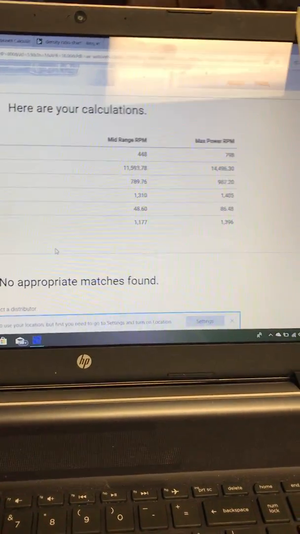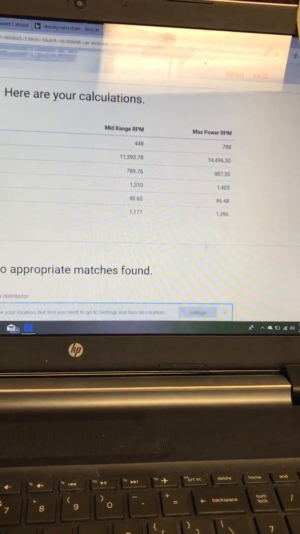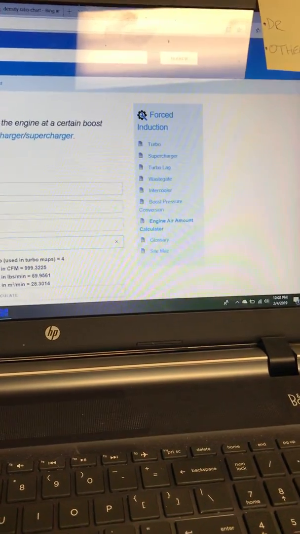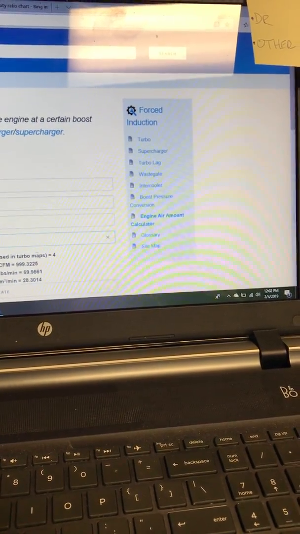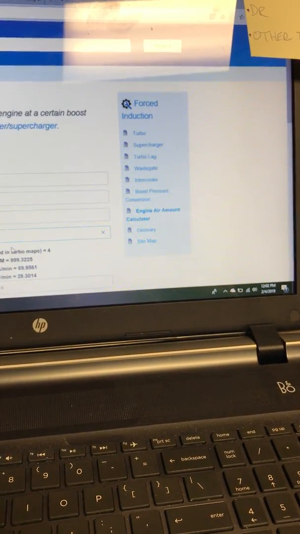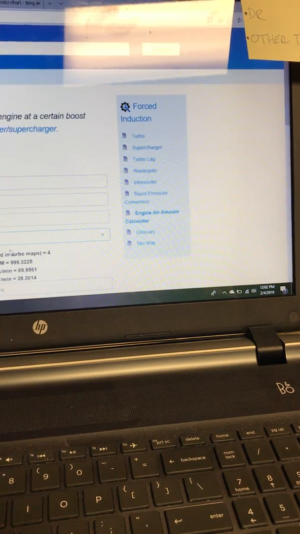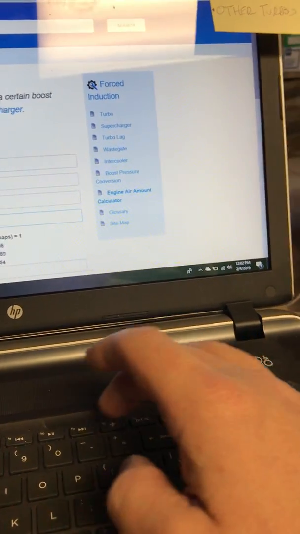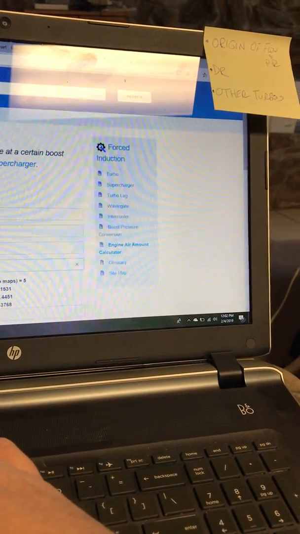So anyway, Garrett says you need, now if you remember before from our engine air amount, it said that we only needed, let's see, a 3-to-1 ratio. Actually, that's too low. We need 4-to-1.